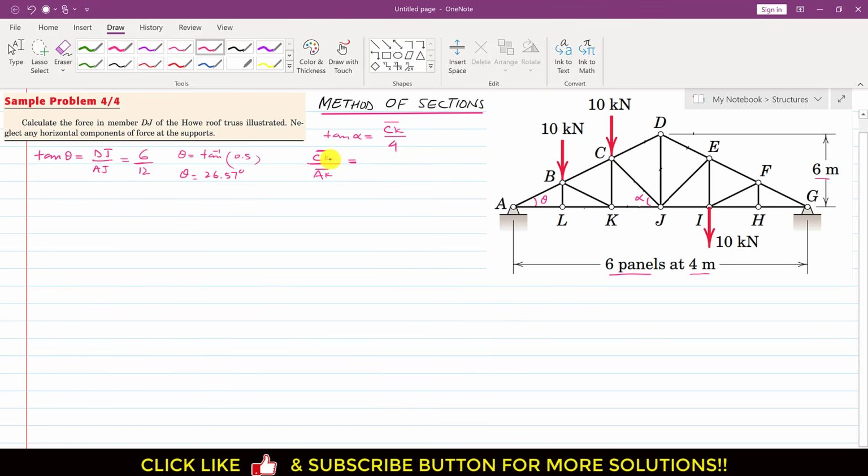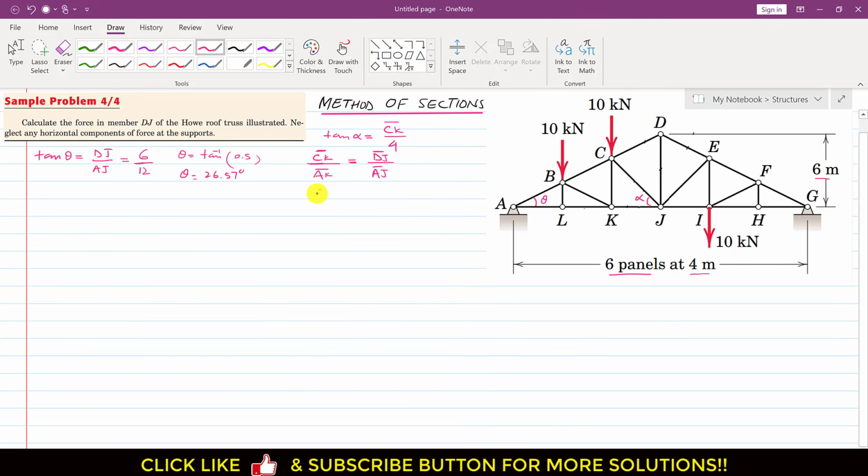CK is the perpendicular of triangle ACK, and DJ is the perpendicular of triangle ADJ, so we write DJ. AK is the base of this triangle, and the base of the ADJ triangle is AJ, so we write AJ.